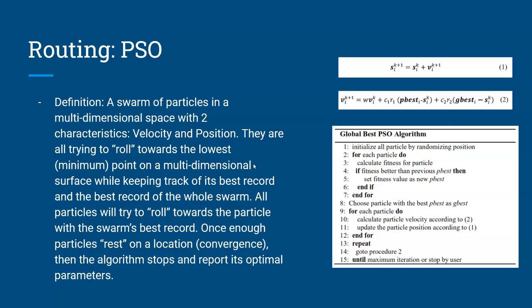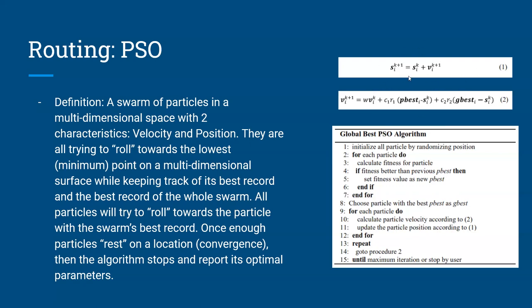And in order for the algorithm to find the best record, here we have the p-best and g-best. P-best is personal best, g-best is global best. We need to define a fitness value. And here we see on the right equation 1 and equation 2.